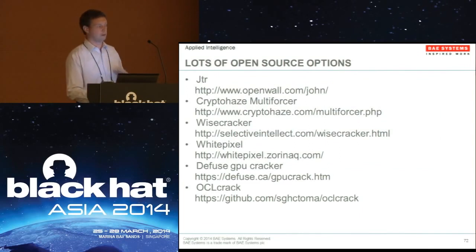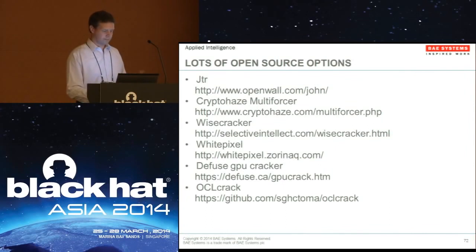There's plenty of open source options that you can use to build on. You don't necessarily have to build a cracker from the start. John the Ripper, like I mentioned. Crypto has Multiforce, which is another very comprehensive GPU-based cracker. It uses OpenCL and supports distributed cracking, but it doesn't use MPI. It has its own server-slave model. Wisecracker, I had to play with it. It uses OpenCL and does distributed cracking over MPI, but it's basically just a proof of concept.